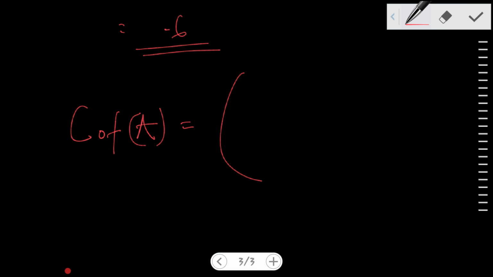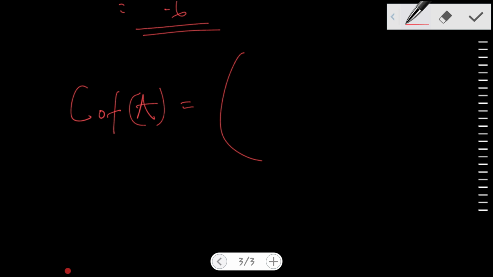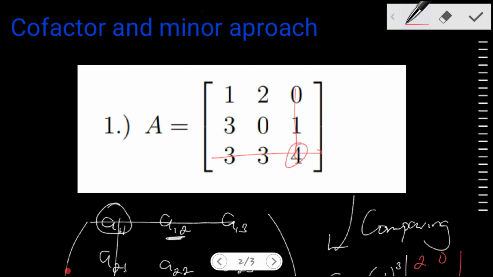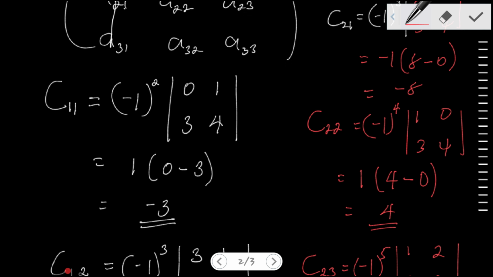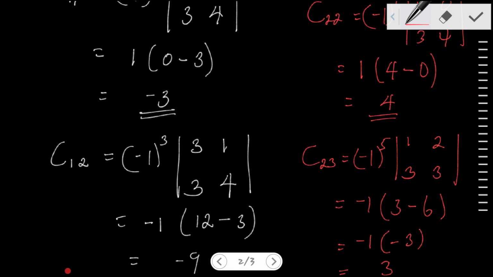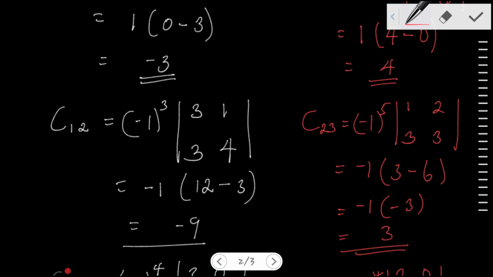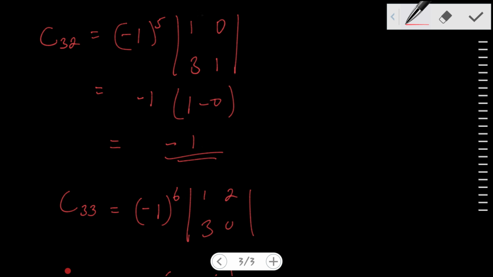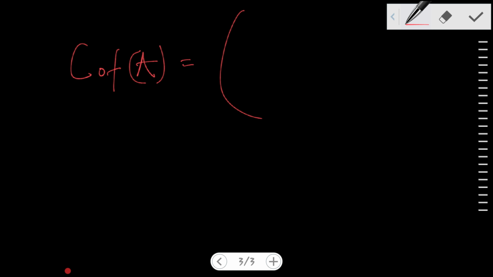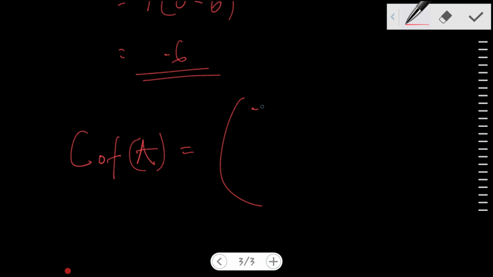So if, let's say, the first cofactor we had was -3, followed by -9, right? So I'm having here -3, -9, right? Let's see.